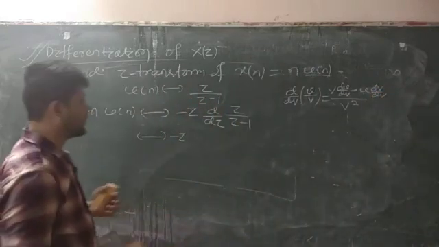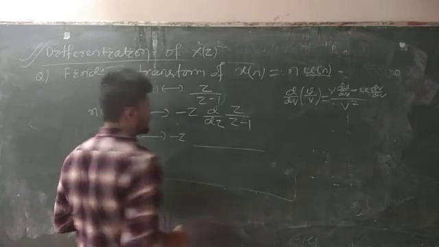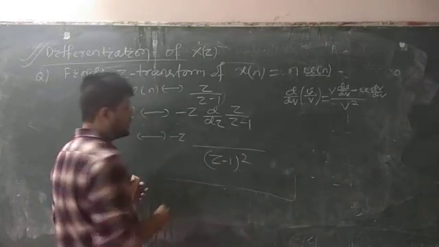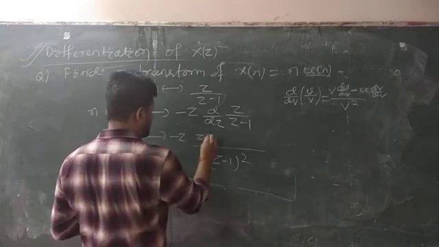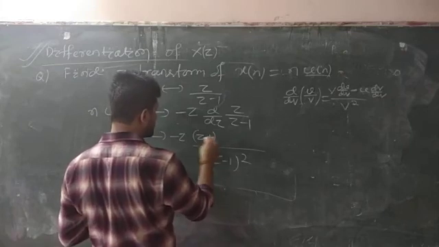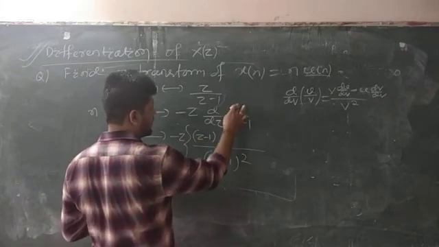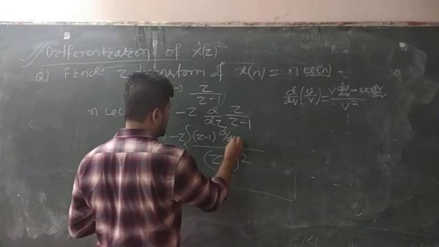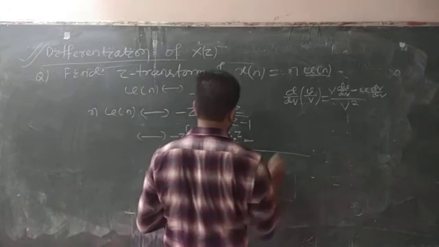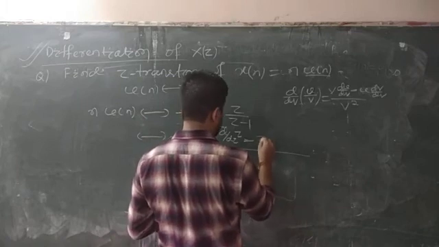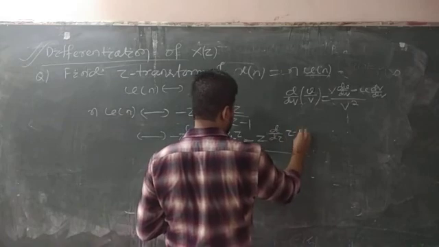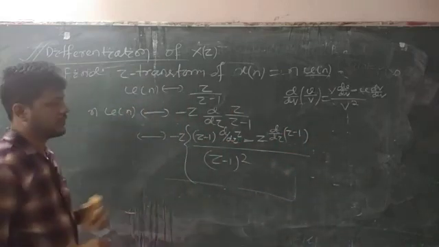That is the formula you have to apply here for the derivative of u by v. So this is z minus 1 whole square. Now this will be z minus 1 into d by dz of z, again minus z into the derivative of z minus 1.